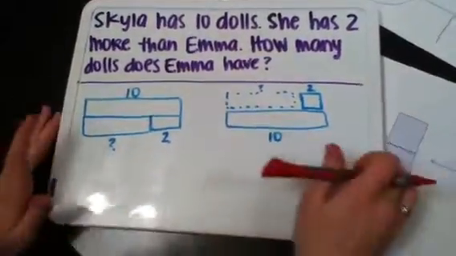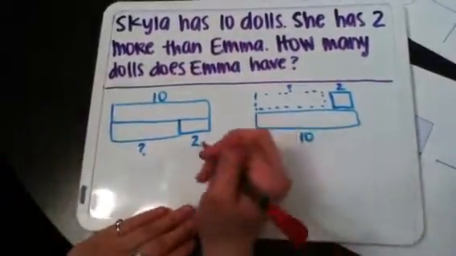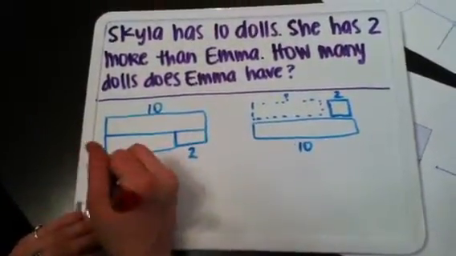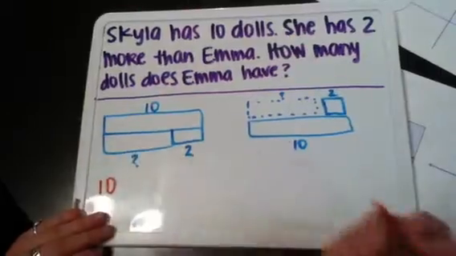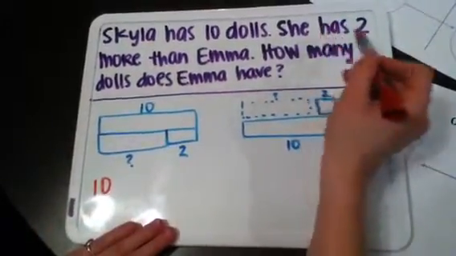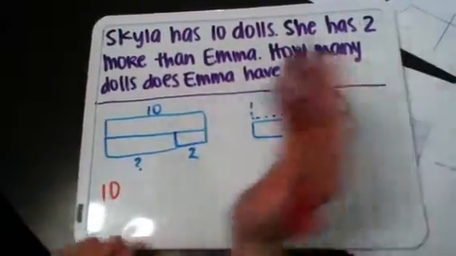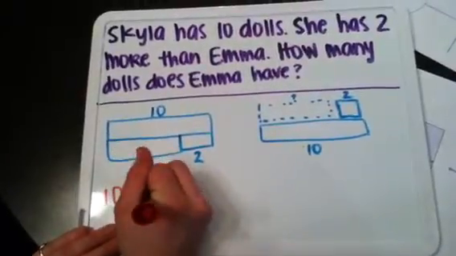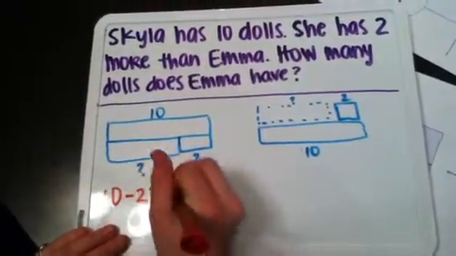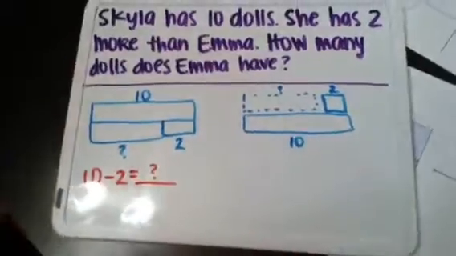So we can do 10 dolls, and then she has 2 more than Emma, minus 2 equals how many total dolls Emma has.